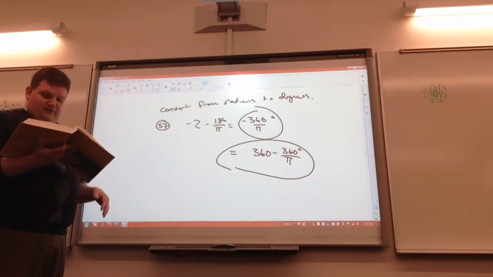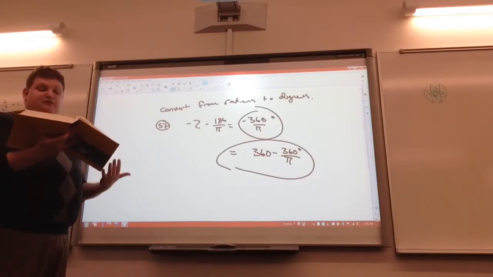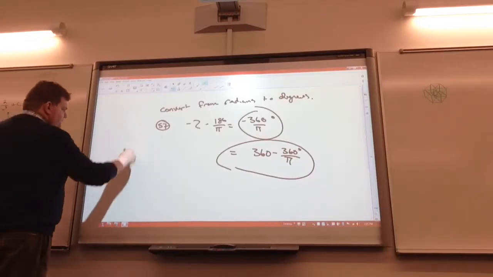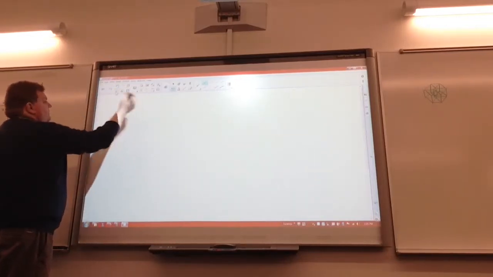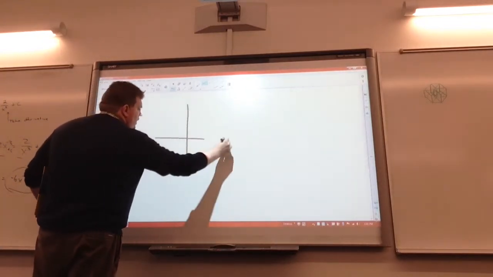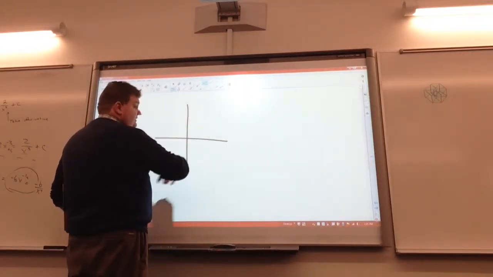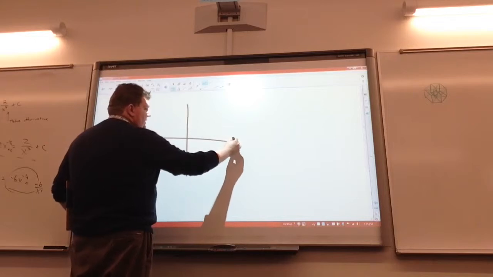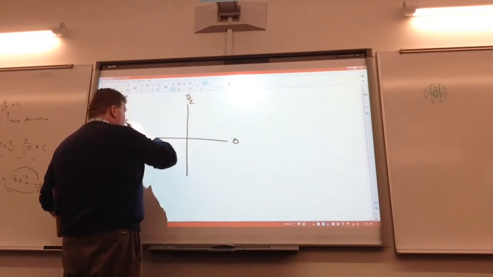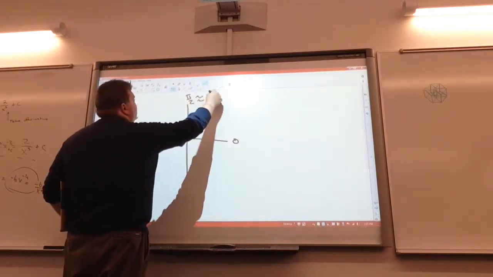Number 5: determine the quadrant in which each angle lies. The angle measurement is given in radians. So -1 in radians. Here are the major locations, and we're going to see this again after we're done going over this homework. That's 0, this is pi over 2, which is roughly equal to 1.6.